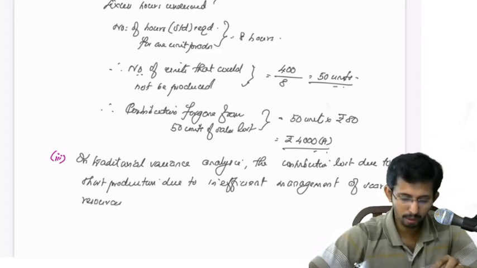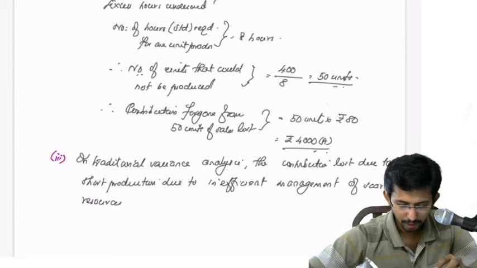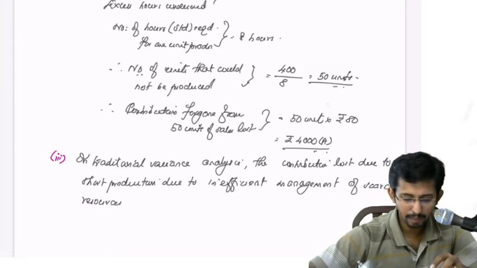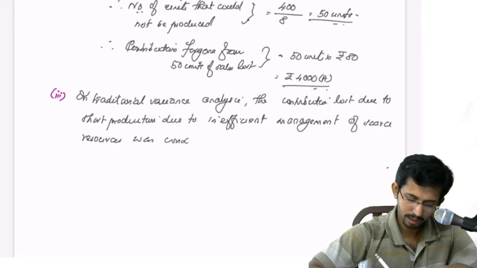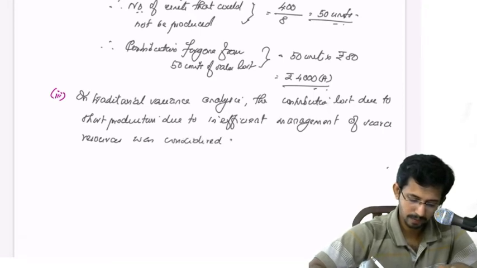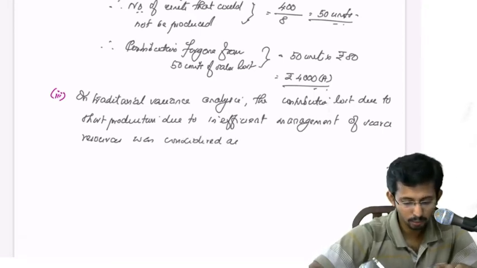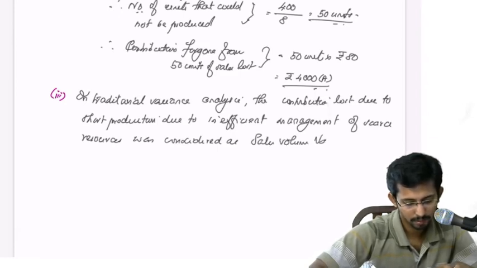The contribution lost due to short production due to inefficient management of scarce resources was considered as what? Sales volume variance.